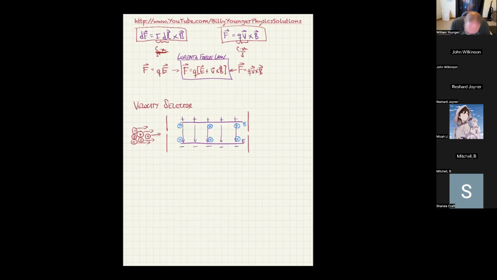Well, when you get in there, here's the positive charge moving that way. So, in which direction will the magnetic force act on this positive particle at this point?